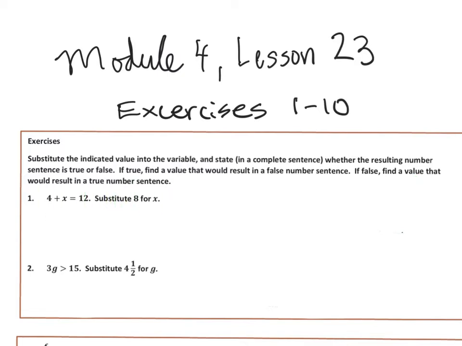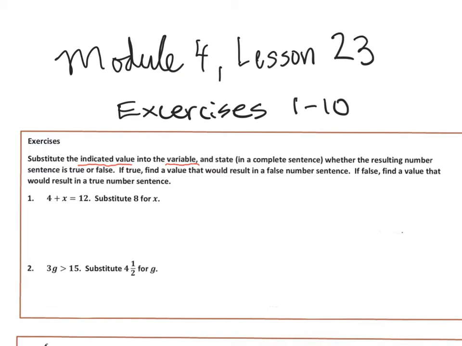So there's a lot of things that we are doing here. The first thing, though, we got to know is we have to understand what the indicated value is. So what do they mean when they say indicated value? And then we got to understand what variables are, and we should know what that is, but if we don't, we need to understand that. And state in a complete sentence whether the resulting number sentence is true or false.